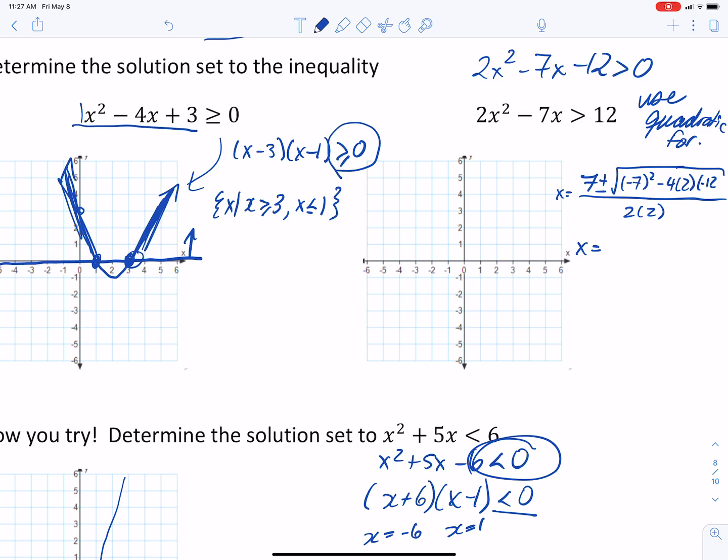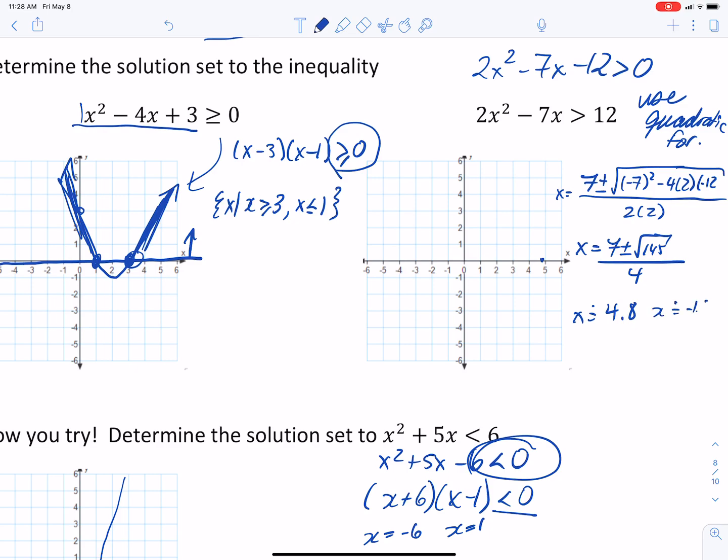So I get 7 plus or minus root 145 over 4, which basically is about 4.8 and about negative 1.3.